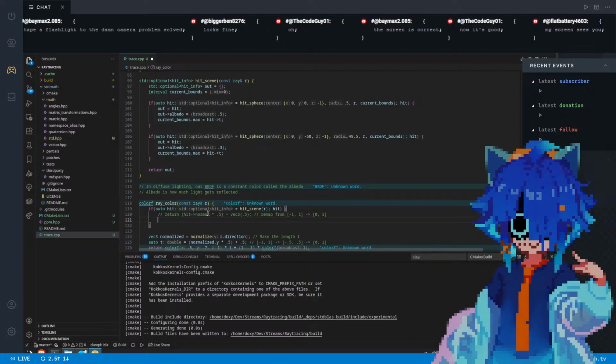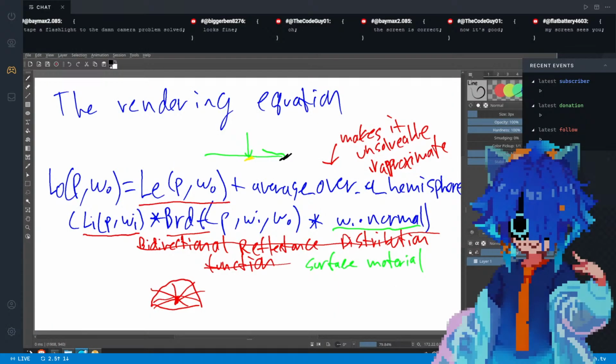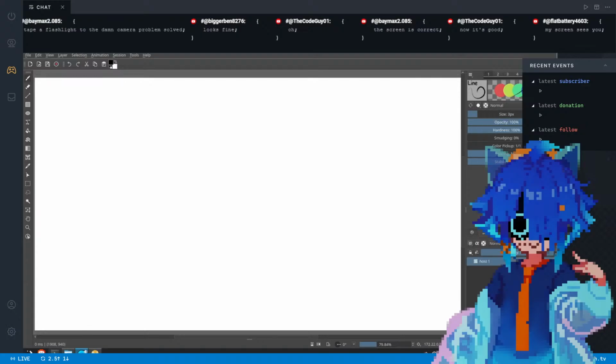The idea with Lambertian diffuse, or diffuse in general, let's pull back out the picture, is that when light hits a diffuse surface, what the light is going to do, let's draw a red light, is that our incoming light is basically going to go any way it wants. It's just going to randomly bounce off.